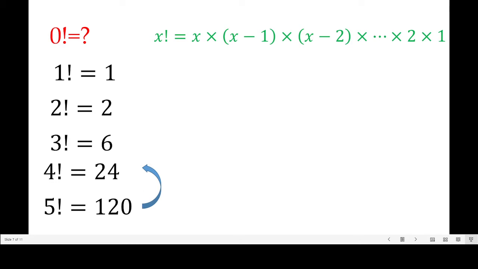So 120 divided by 5 equals 24. 24 divided by 4 is equal to 6. 6 divided by 3, yes, 2. And 2 divided by 2 is 1. Can we continue? Yes. And 1 divided by 1 is equal to 1. So it's easy. 0 factorial is equal to 1.